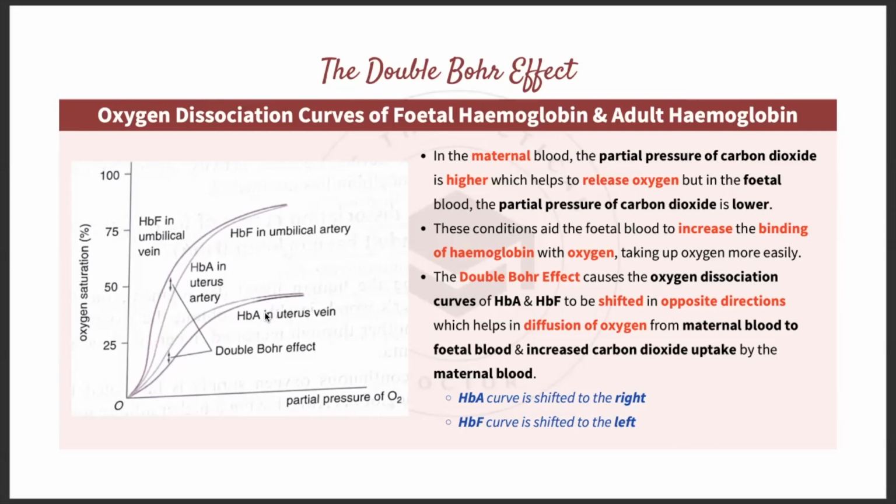So what happens is this adult hemoglobin will be shifted to the right, whereas the fetal hemoglobin will be shifted to the left. So in double Bohr effect, there are two scenarios going on. The adult hemoglobin is shifted to the right and the fetal hemoglobin is shifted to the left. In Bohr effect, the adult hemoglobin is shifted to the right.